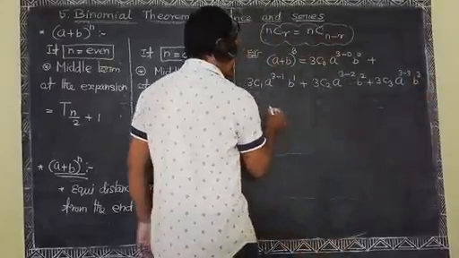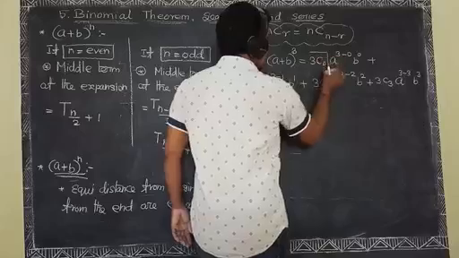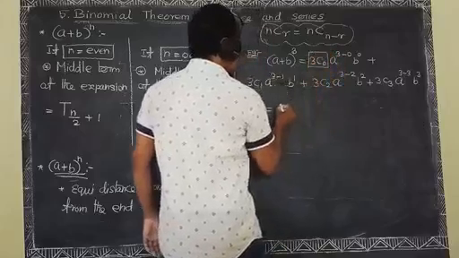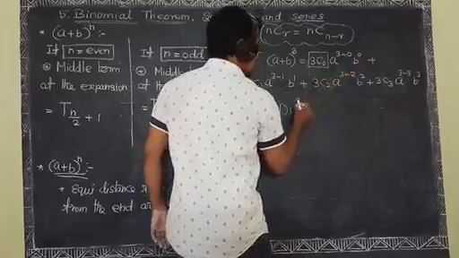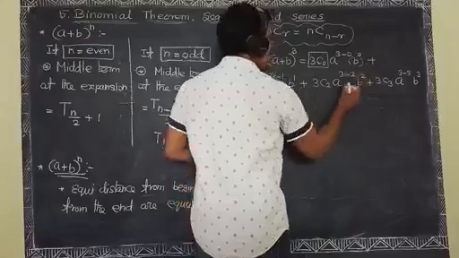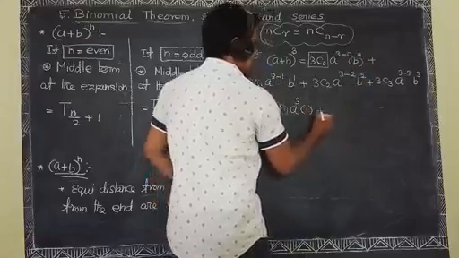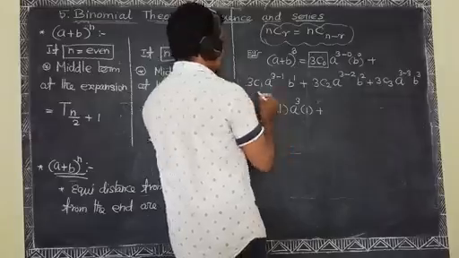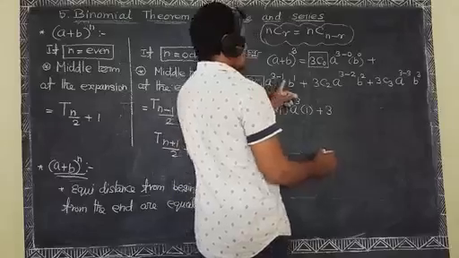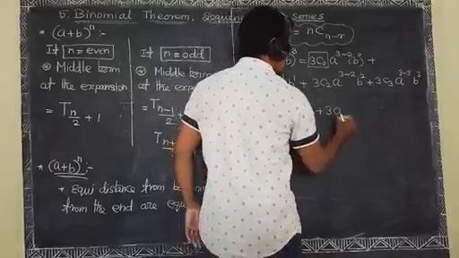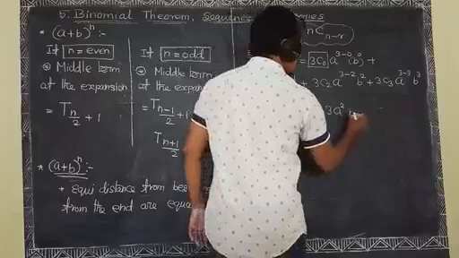Here the value of 3C0 is 1, a power 3 minus 0 is a cubed, b power 0 is 1. The second term is 3C1, which is 3, a power 3 minus 1 is a squared, b power 1.